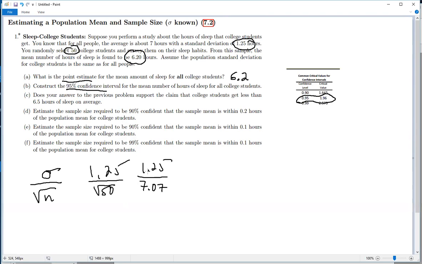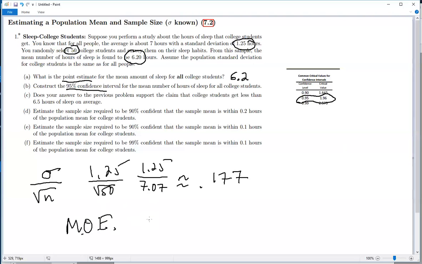Then I'm going to do 1.25 divided by that whole calculator answer. And I'm getting a standard deviation of about 0.177 if I round.